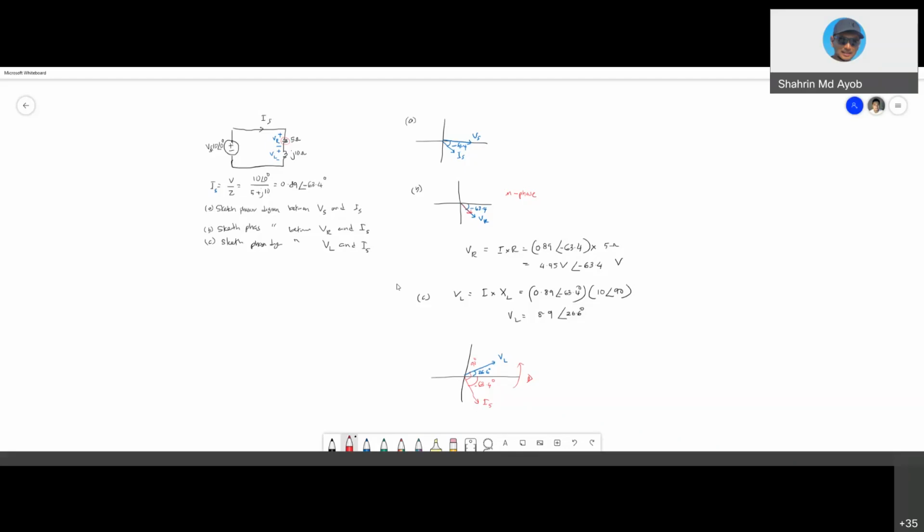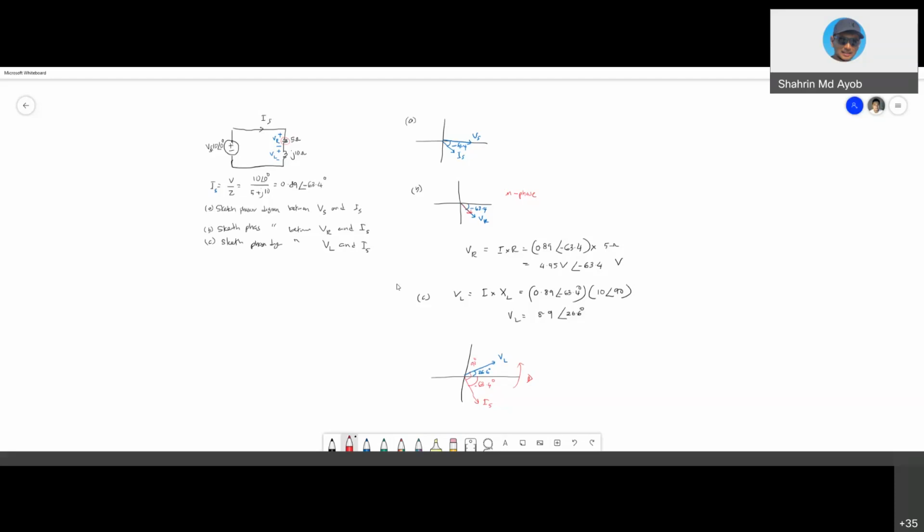That is the standard actually. During my undergraduate study I was also quite confused about which one is leading and which one is lagging, but it is because of the standard. When you talk with an engineer and say lagging, they will automatically understand that the current is lagging the voltage.